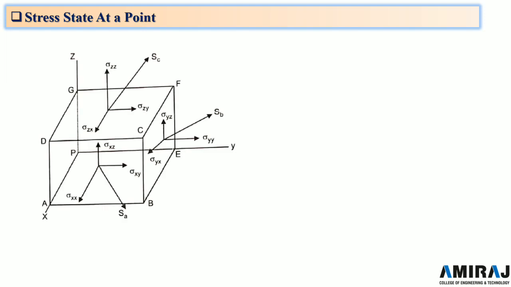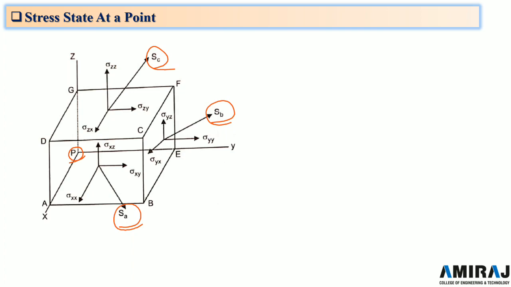Here, the figure shows the stress vectors SA, SB and SC acting on three faces of a cubical element at a point P. Here and in the following, the vectors are denoted by bold letters.